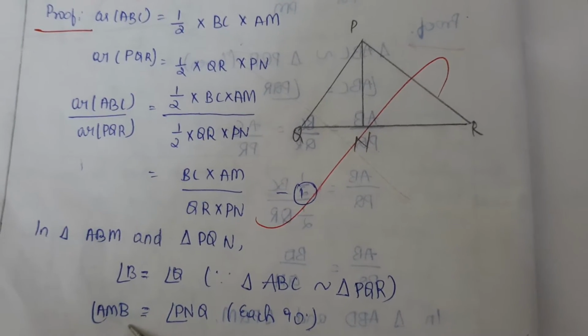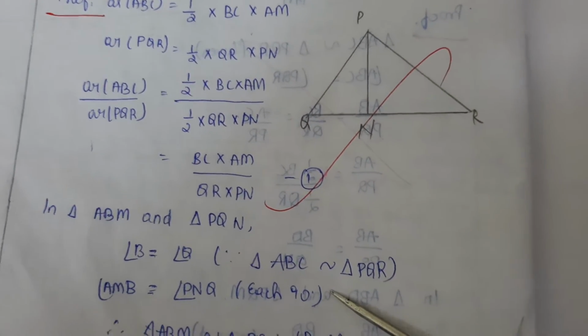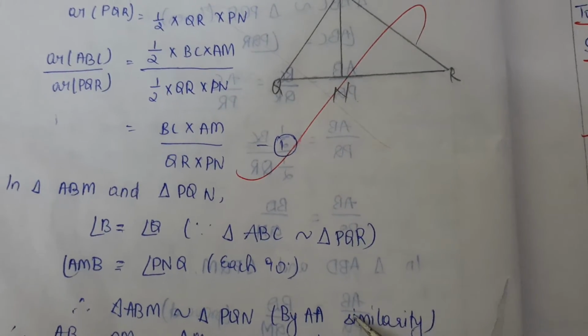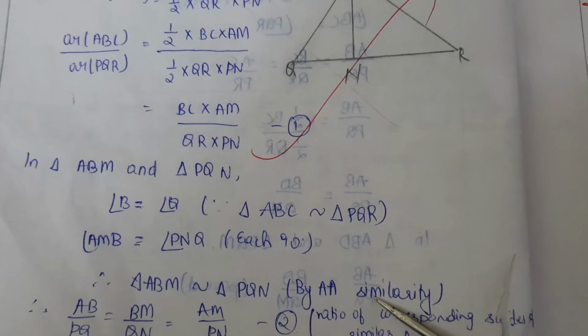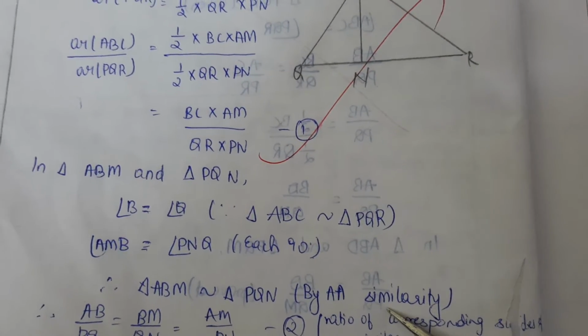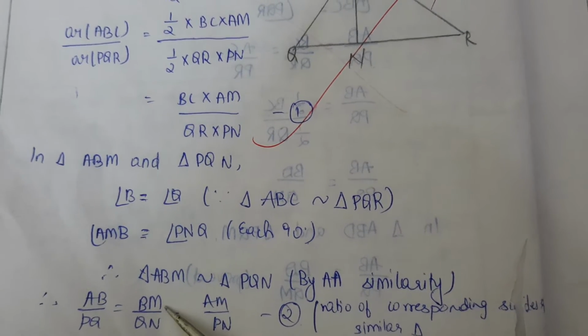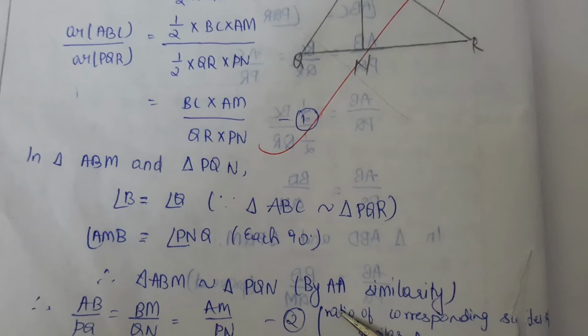So angle AMB is equal to angle PNQ, which is equal to 90 degrees. So since two angles are equal, these two triangles are similar by AA similarity. When they are similar, the ratio of the corresponding sides of the similar triangles will also be equal. So AB by PQ is equal to BM by QN is equal to AM by PN. Take this as the second equation.